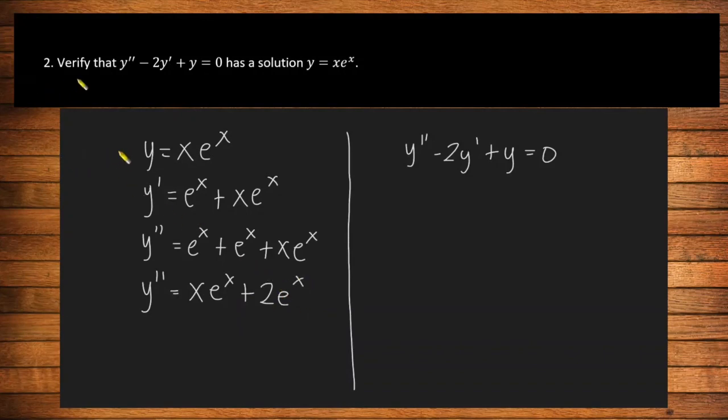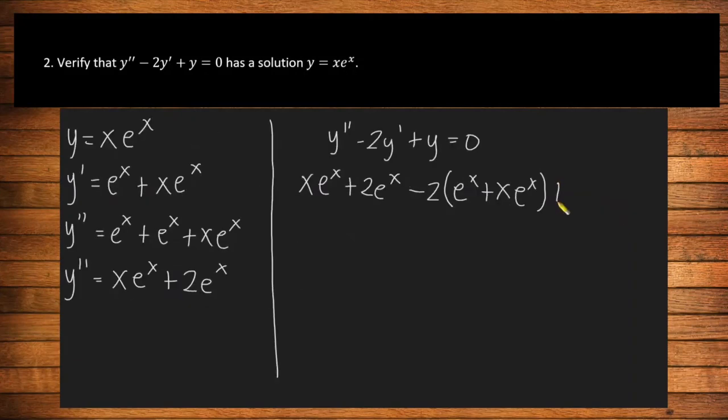So we now have the values of y, y prime, and y double prime. So let's substitute this to the given differential equation. So y double prime, that will be equal to x e raised to x plus 2 e raised to x, minus 2y prime, which is equal to e raised to x plus x e raised to x, plus y, which is x e raised to x. That is all equal to 0.